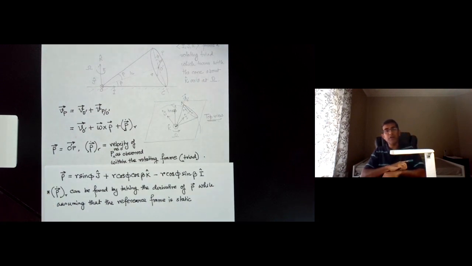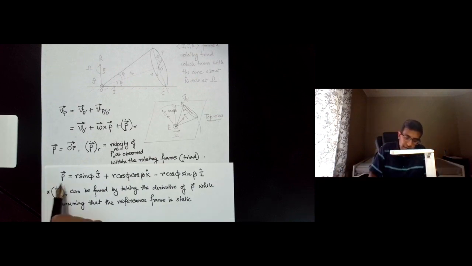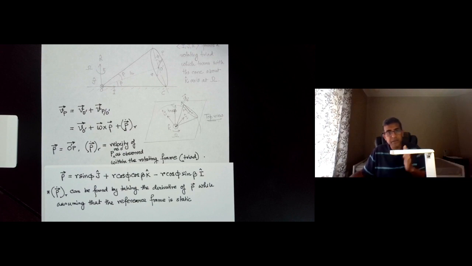So if we want to find the velocity rho dot r, that is the velocity of p with respect to O prime within the rotating frame, we can take this position, the position of p with respect to O prime, and differentiate it. But this is a special differentiation where we do not consider that i, j and k are moving.